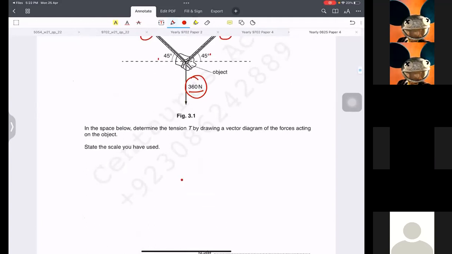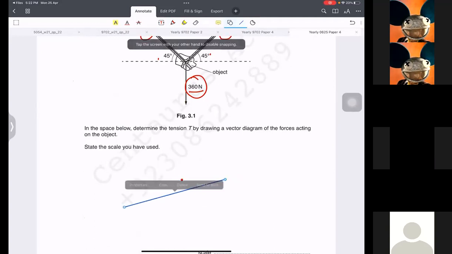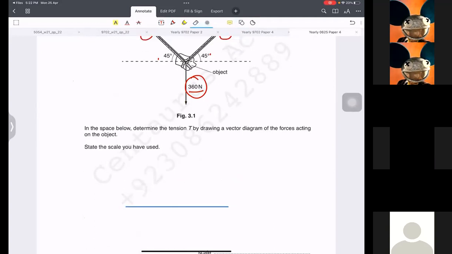If I were you, I would draw a horizontal dotted line first before starting this question. I want it down, I don't want it up. Once I have the horizontal line for reference, I would mark one point, put my protractor, measure 45 degrees and then extend the line according to my scale.